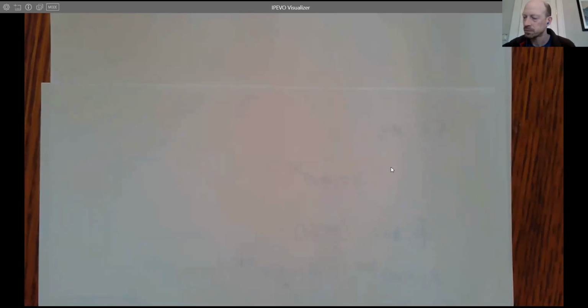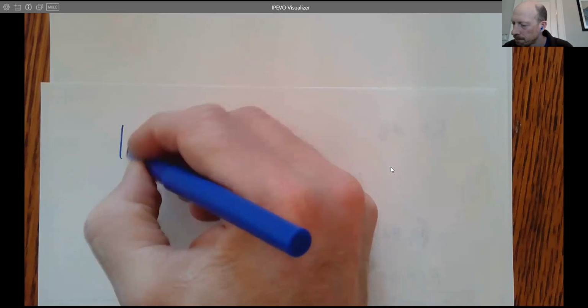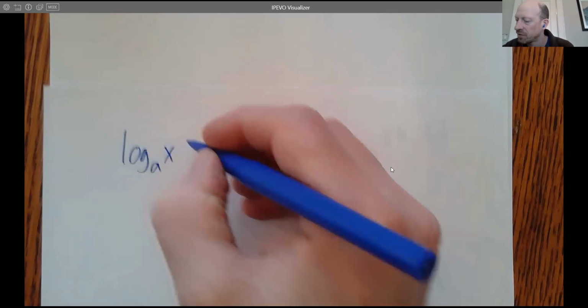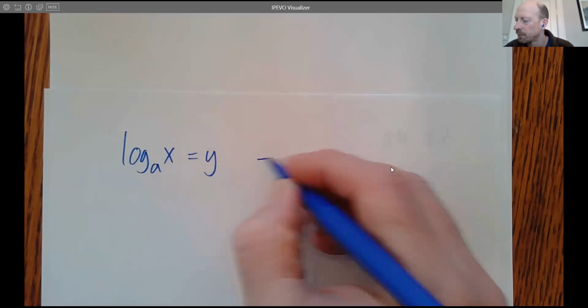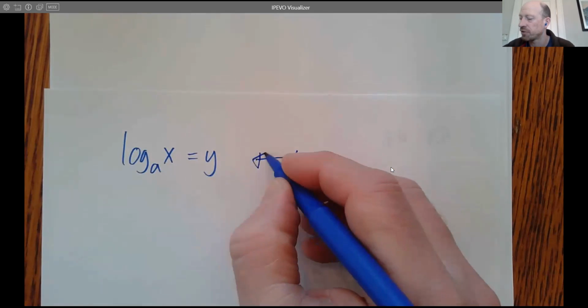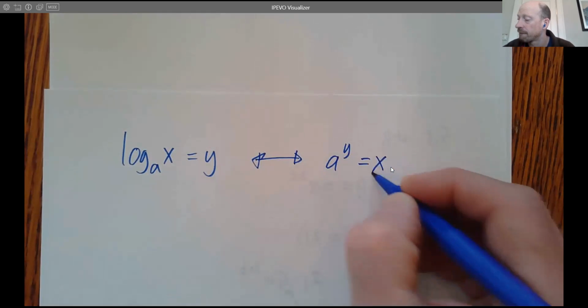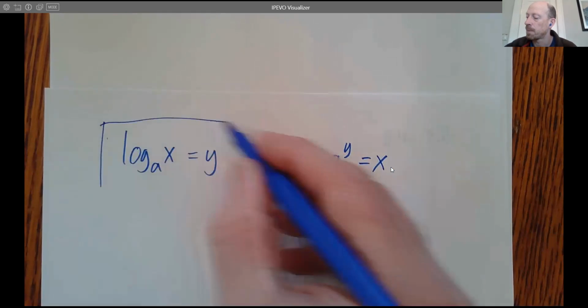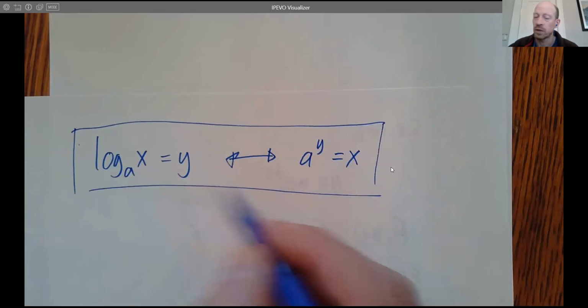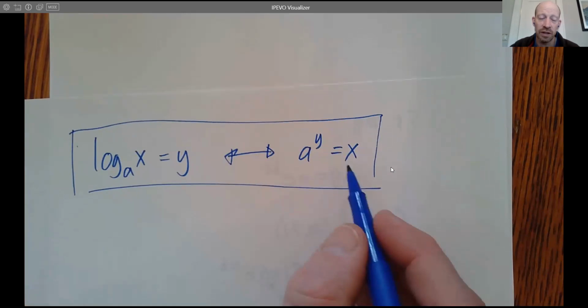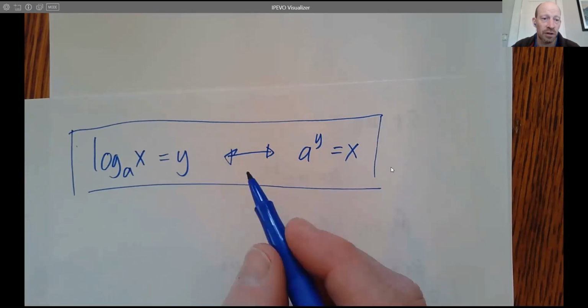Just as a parting reminder: log base a of x equals y, this is giving it in the other direction, means a to the y equals x. You can go either way. We started going this way, but it can go this way too.